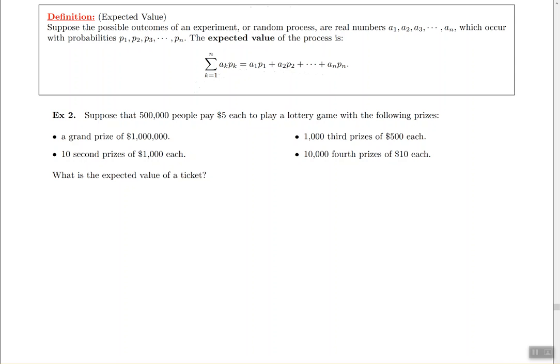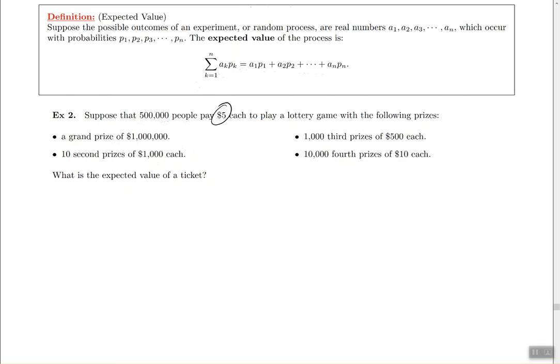So for us, the A1, A2, A3, and so on are going to be the gain in this example. So suppose that 500,000 people pay $5 each to play a lottery game in which the following are the prizes. The grand prize is $1 million and there's only one single one of those. If you are the winner of that money, how much gain did you end up with?